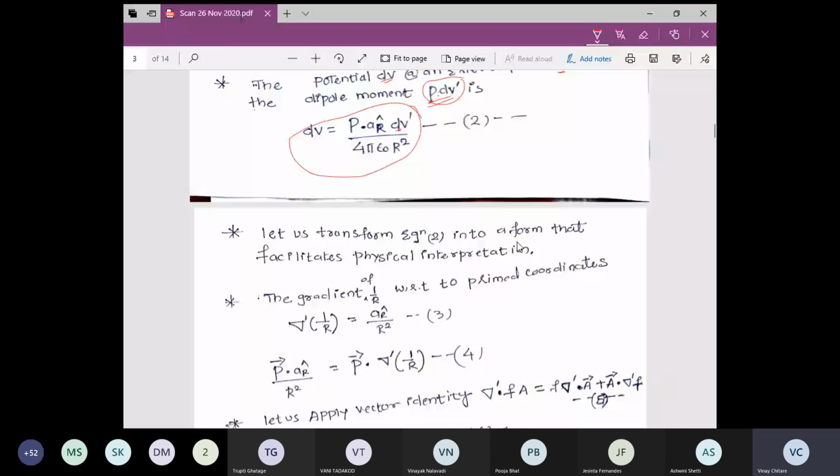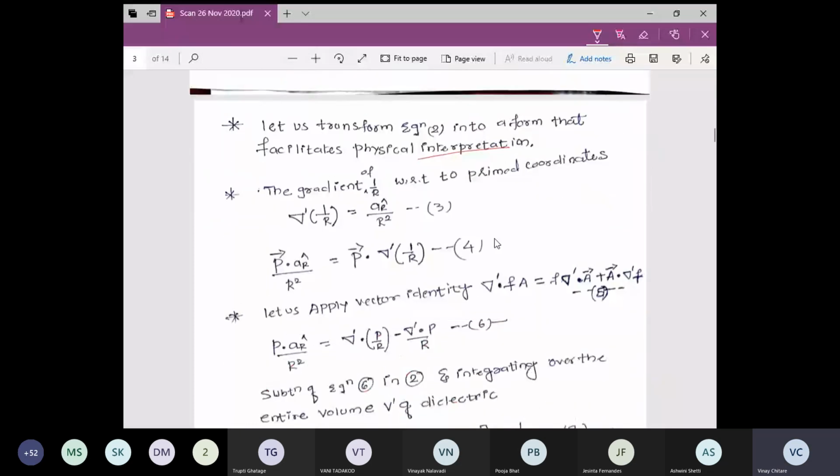In order to do that, we know that the gradient of 1 by r is a_R hat by r square. This is quite simple, you can really check it out. So this particular term I can write as gradient of 1 by r.